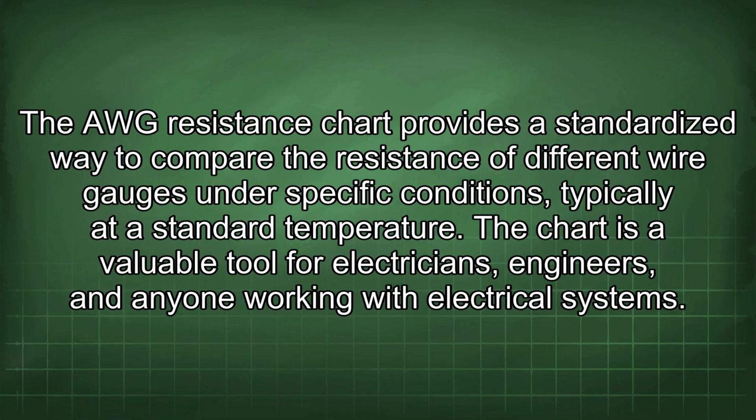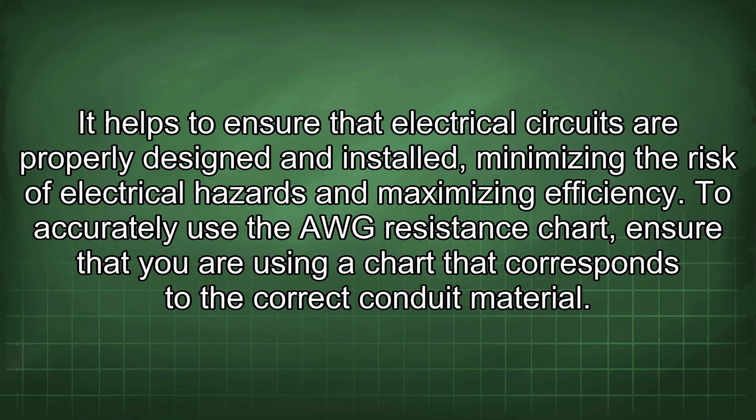The AWG resistance chart provides a standardized way to compare the resistance of different wire gauges under specific conditions, typically at a standard temperature. The chart is a valuable tool for electricians, engineers, and anyone working with electrical systems. It helps to ensure that electrical circuits are properly designed and installed, minimizing the risk of electrical hazards and maximizing efficiency.